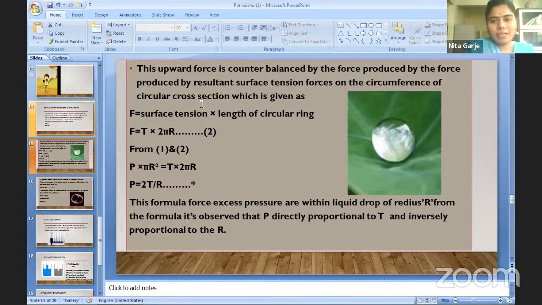Comparing the first and second equations, we get P is equal to 2T by R. From that formula, it is observed that the pressure P is directly proportional to the surface tension, and inversely proportional to the radius of this circular cross section.